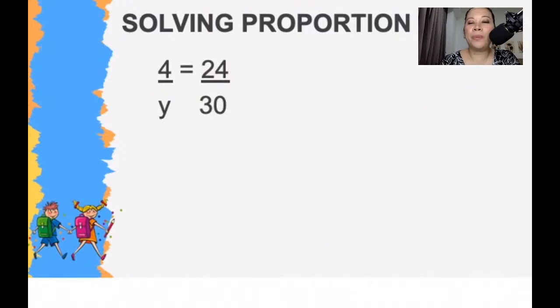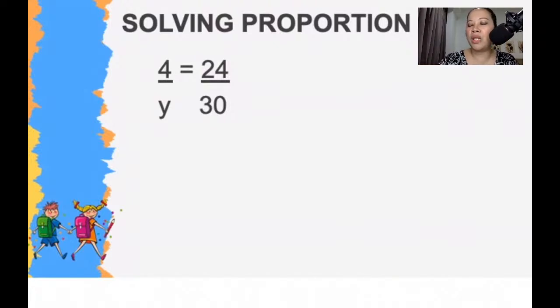So when we solve proportion, 4 over y equals 24 over 30. By the way, when we talk about proportion, the ratio is equal. So you would know as it is being enlarged or decreased in terms of value, there is a certain proportion of it. So again, the way to identify whether it's a proportion or not is to multiply the means and extremes.